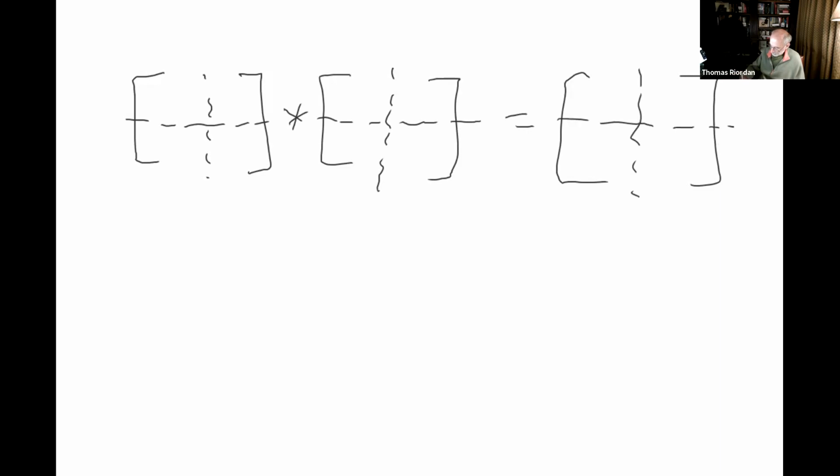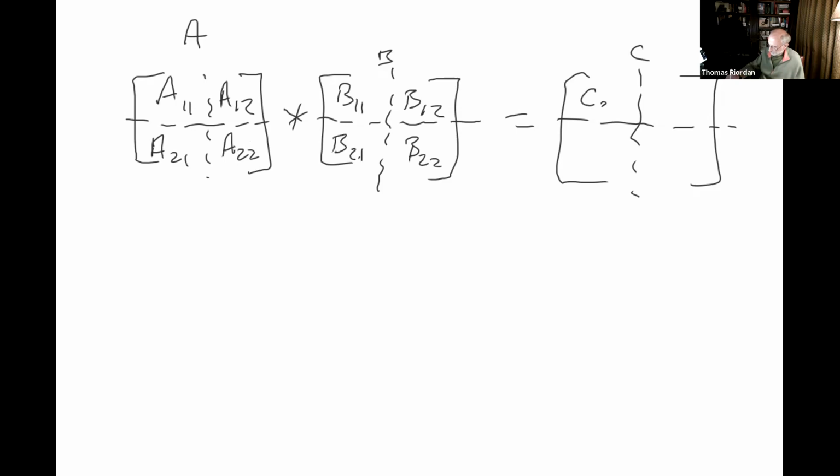So if this is A and this is B and this is C, I can call this A11 and A12 and A21 and A22, and so forth with the B's, B11, B22, B12, B21, and similarly with the C's, C11, C22, and so on.